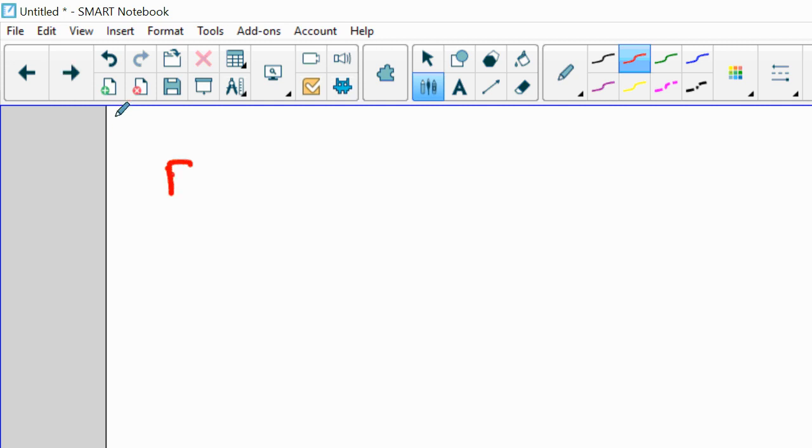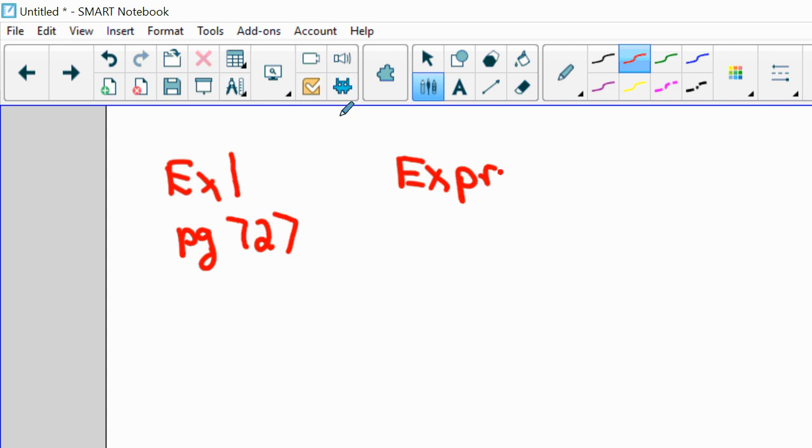So example 1, page 727, right out of the text. Express cosine x in terms of tangent x.